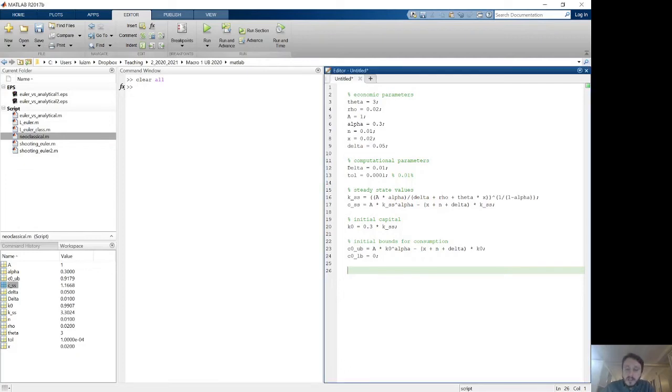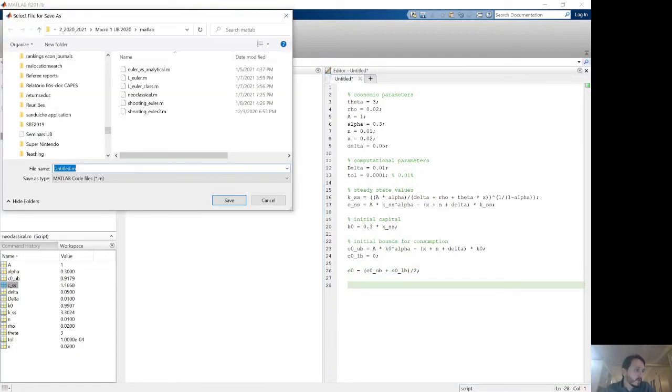So let's make the first guess of consumption, which is the midpoint between the upper bound and the lower bound. So we sum lower bound plus upper bound and divide by 2. And this is the first guess of consumption that we have.